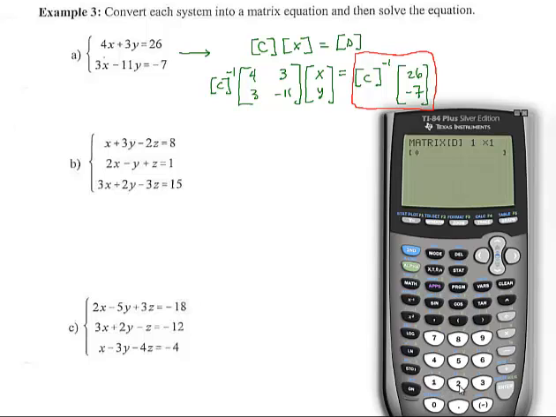D is a 2 by 1. Didn't mean to put 21 there. Clear that. 2 by 1. And the elements are 26 and negative 7.